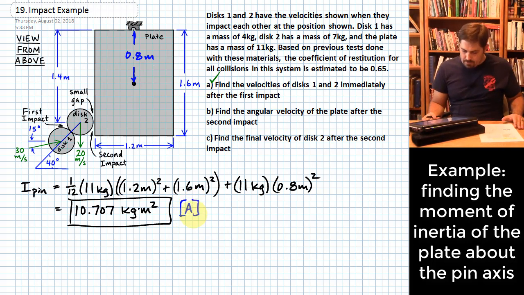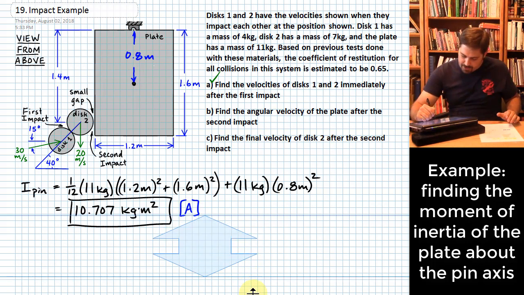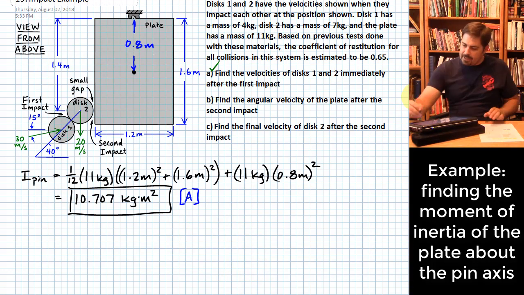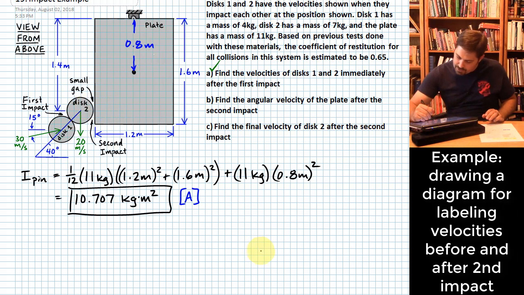All right. Well, so now what? That is an important factor, but now we have to actually think about the impact part of the problem. So again, let's actually do a little sketch, and the little sketch that we'll do is where disk 2 is impacting the plate.